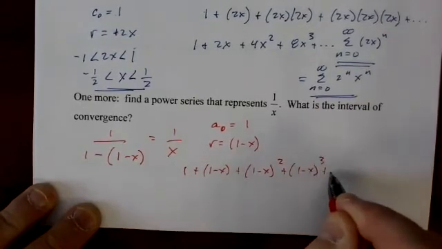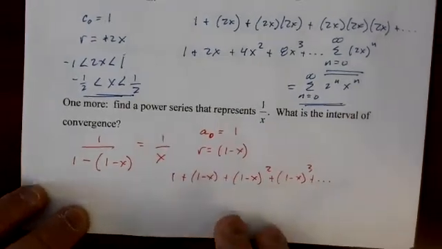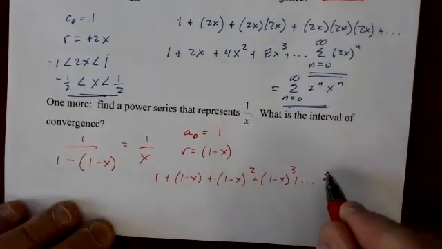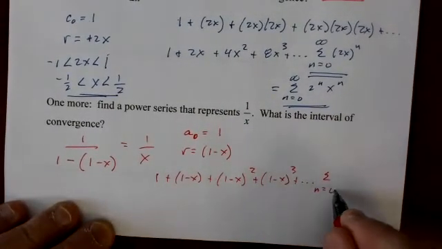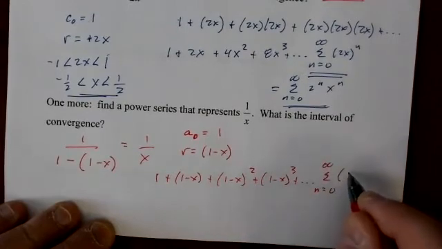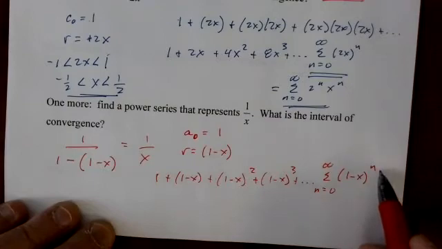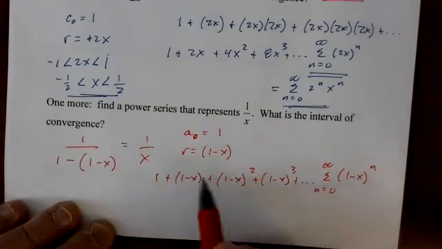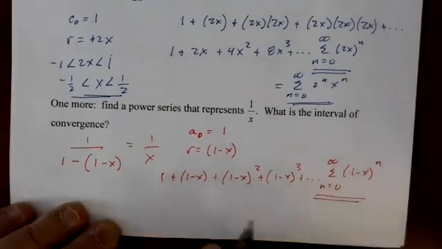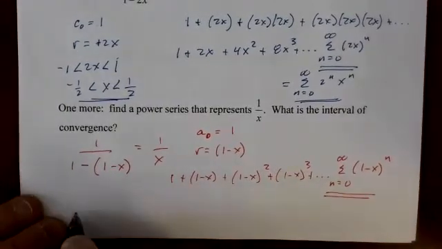All right, how the heck do we write that? Well, sum n equals 0 to infinity, 1 minus x to the n. Plug in 0, plug in 1, plug in 2. Yeah, okay, that works. Oh, for goodness sakes, but what about that r thing? All right, I'll use absolute value just to bother you.